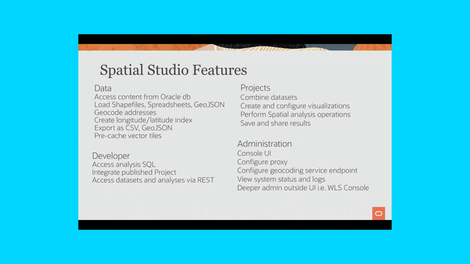So we have all of these data components, and then we can take data that doesn't have geometry, like addresses in a spreadsheet, and automatically geocode them and add spatial content to it. And then through Studio, you can create spatial indexes, and you can also take the data out of the database and export and exchange it as GeoJSON or CSV.